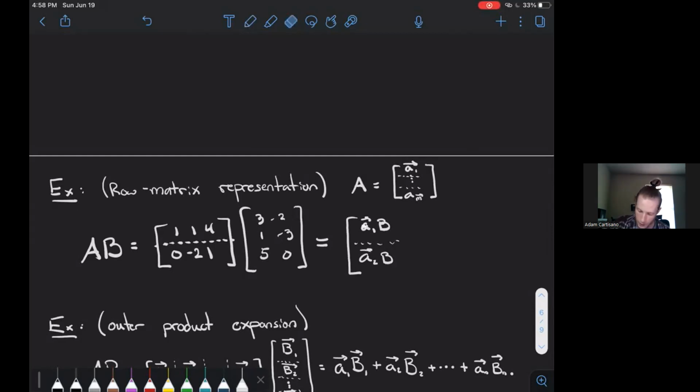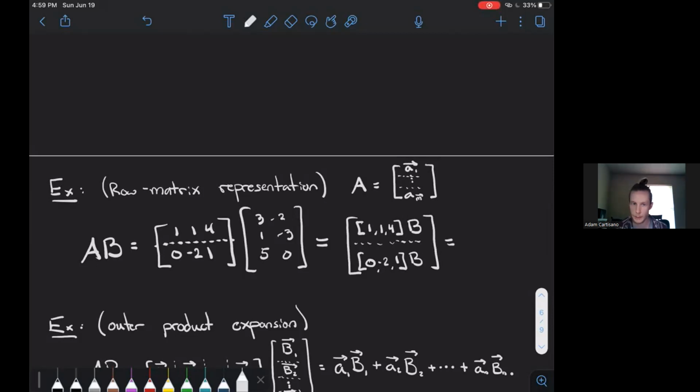Actually, we know what A1 and A2 are, so let's write those as row vectors, right? It's 1, 1, 4 times B, and 0, -2, 1 times B. Like this.